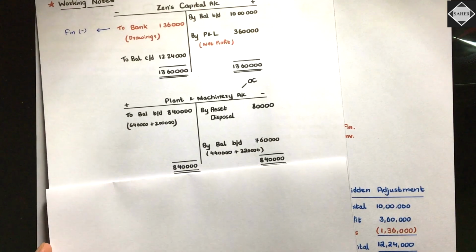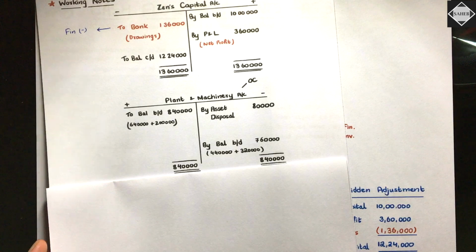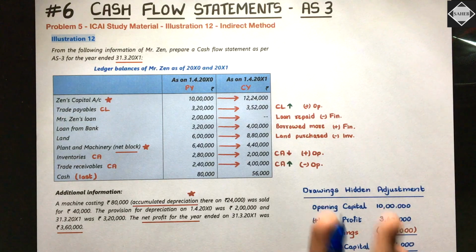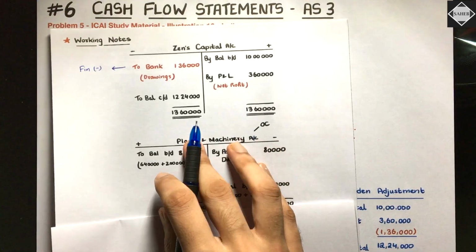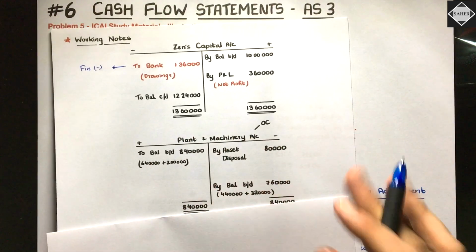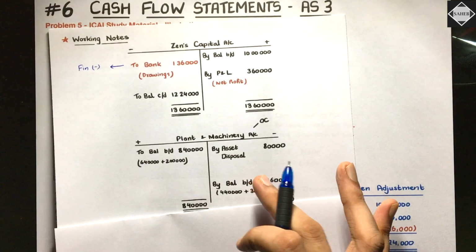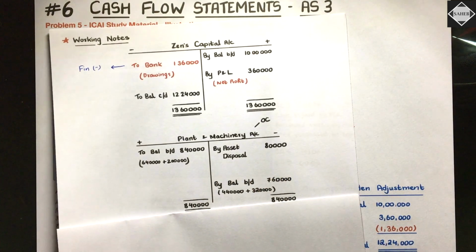Is it clear? And then in this question they have said that we have sold an asset costing 80,000. You all know whenever we maintain accumulated depreciation account, we keep this account at original cost only. So we don't take sale over here. Just the purchase will come over here, but the sale will not. What do we do for the sale? For the sale, we use asset disposal account. So we have made a sale, right?